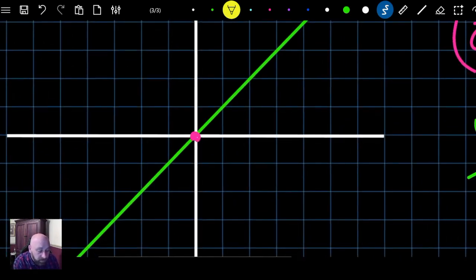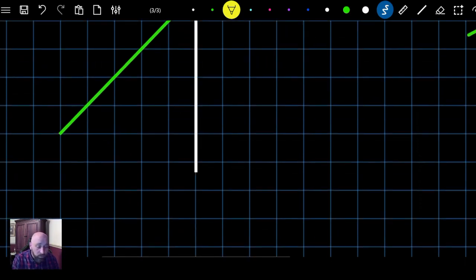So let's zoom this up just a little bit more and look what our slope is here. What is our rise? How many times do we go up to get to this point, right? Well, we go up 1 and over 1. Up 1 over 1. So that's going to be y equals 1, and then it's also going to be x equals 1. So up 1 over 1 is 1 over 1.